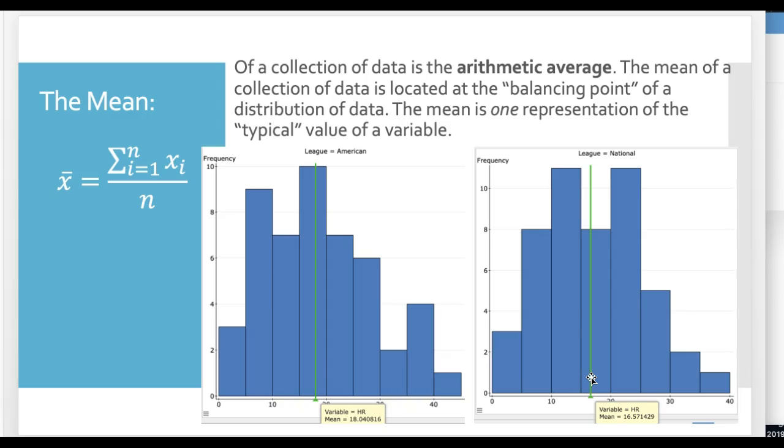So these are the averages here, and we get to visualize where this mean is located on our histogram. If this green line weren't here, you'd probably pick somewhere around here as being the center. But you see here, the center is 18 home runs, and here it's about 16.5 home runs for the National.